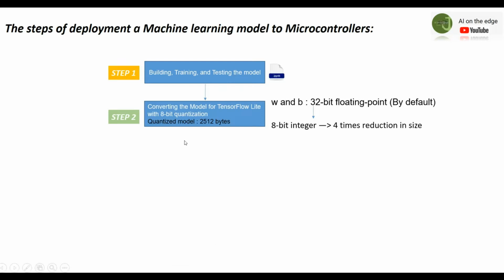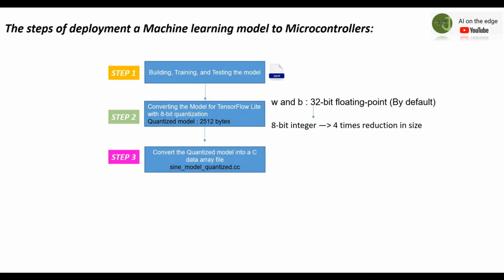For the first example, we will walk through the model. After the quantization, the size would be 2.5 kilobytes, which is quite small. We can easily deploy it on the microcontroller. After quantization, we need to convert the quantized model to a C data array.